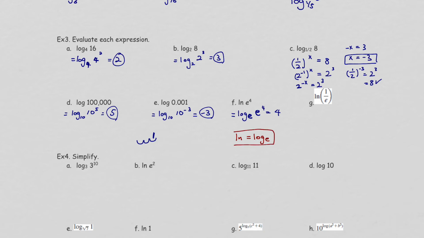That's important to remember. That's one of the properties. And here's another one. If you have log with no small base, that's the same thing as log base 10. Okay, so let's answer the next one. This is going to be the same as log base e to the negative first exponent. So that's going to be negative 1 as the solution.